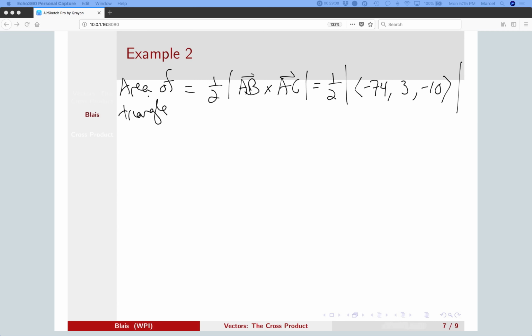And our formula for the magnitude, we know we take the square root of the sum of the squared entries. And so this gives us the area of the triangle.